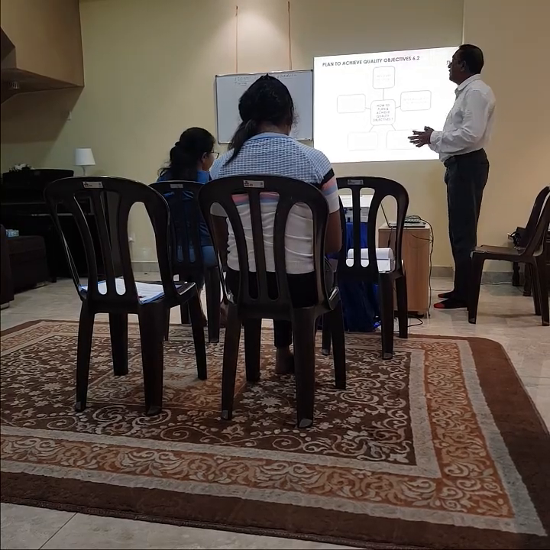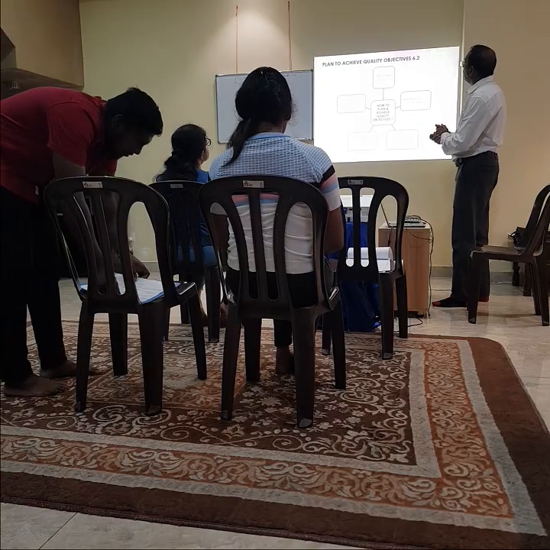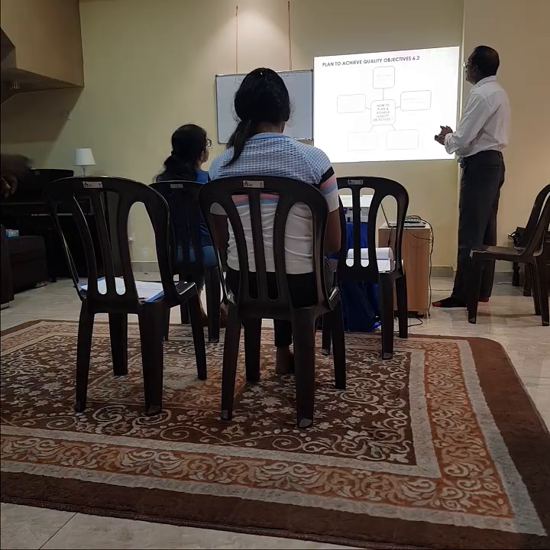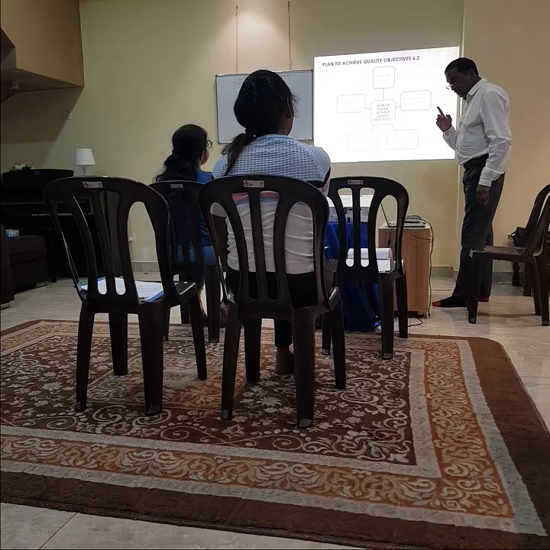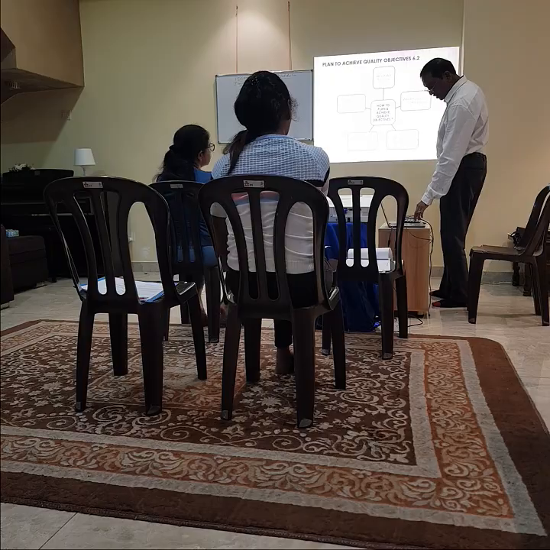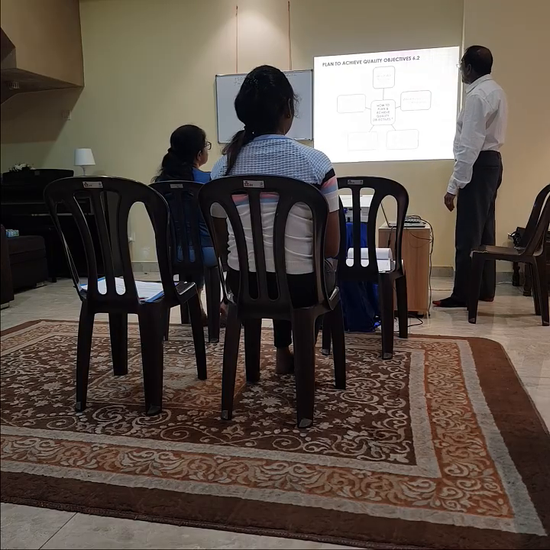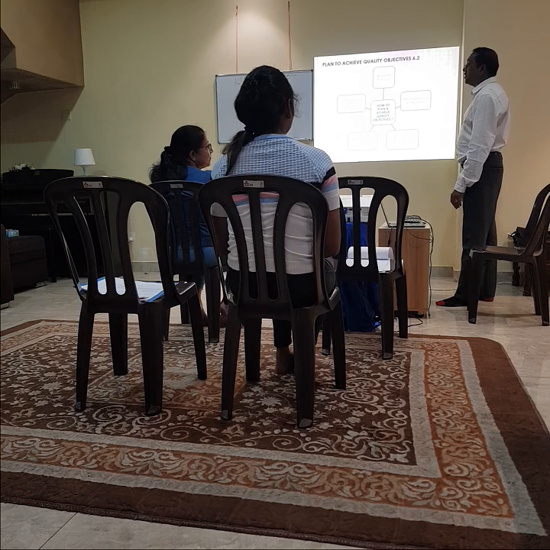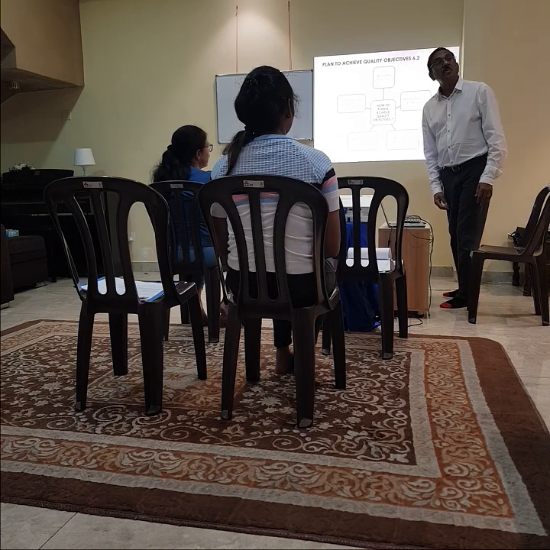We are continuing with the models now. We are going to continue with Model 2, the plan to achieve the quality objectives. Just now we stopped at this section: how to achieve the quality objective under clause 6.2.